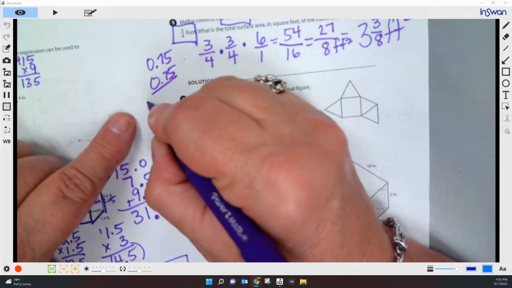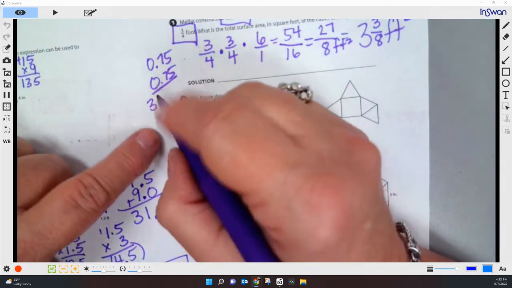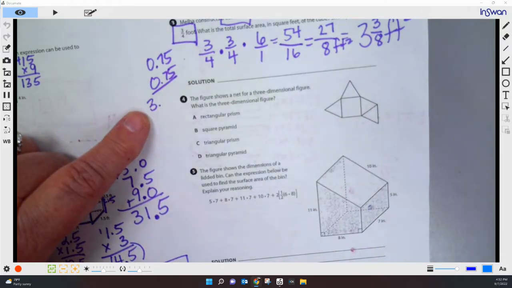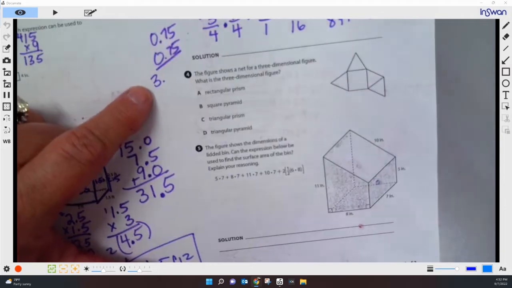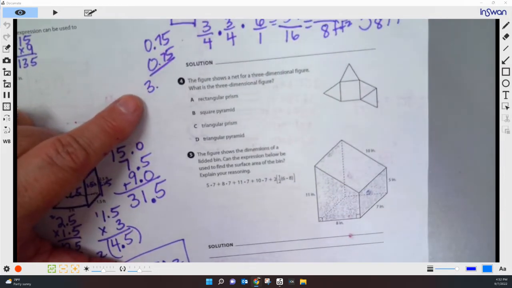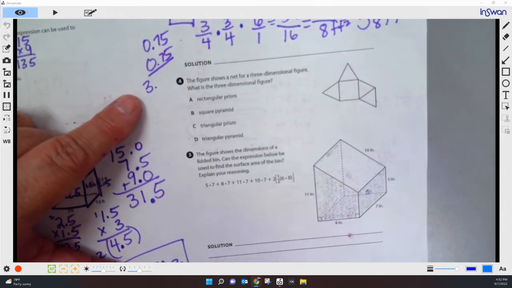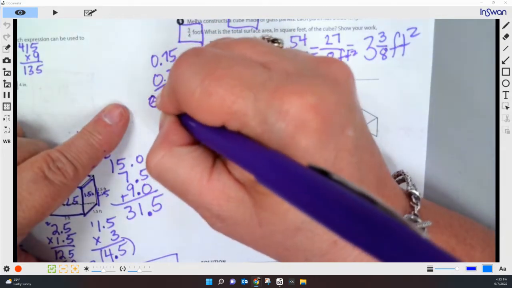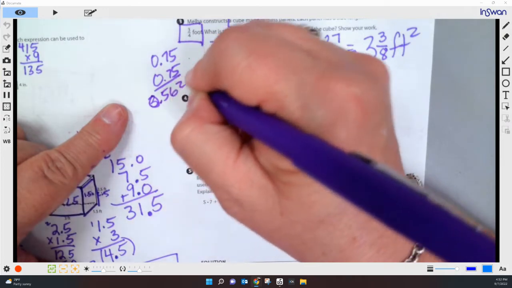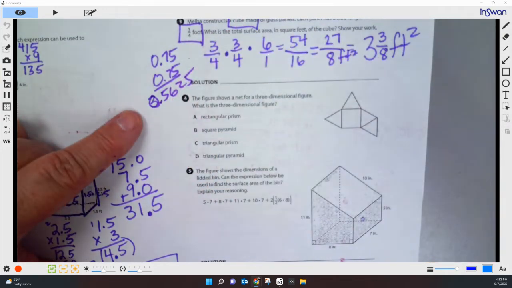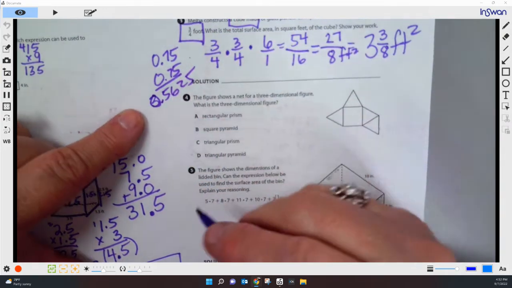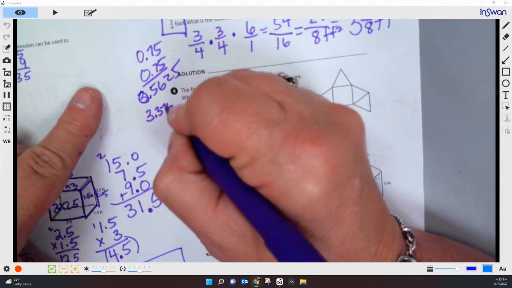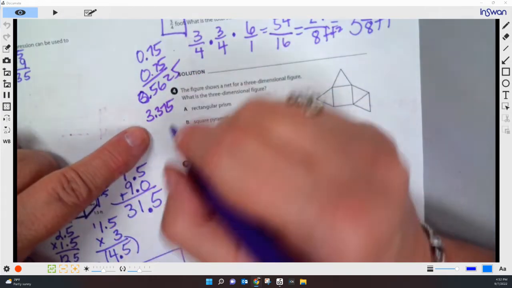You're going to multiply that and then multiply the answer times 6. 0.75 times 0.75, and that's going to be 0.5625, but then I'm going to multiply that times 6 sides, and that's going to be 3.375 feet squared.